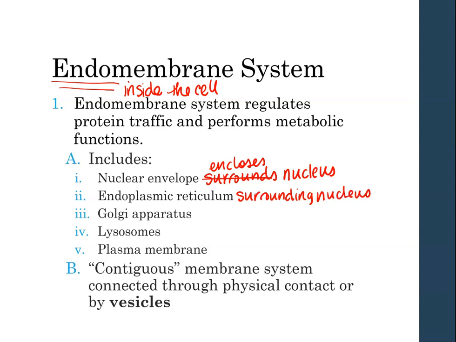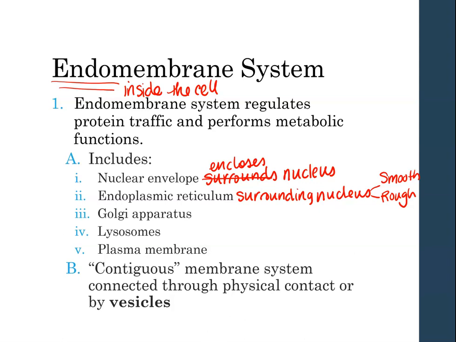There are two types of endoplasmic reticulum, the smooth and the rough, and they have slightly different functions. We also have the Golgi apparatus, which comes further outside that endoplasmic reticulum, and then lysosomes that are found outside of the membrane, sort of disassociated but still part of it. And then we also have the plasma membrane.